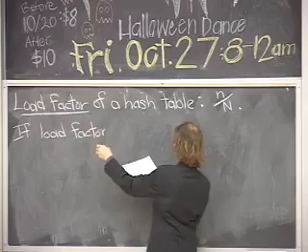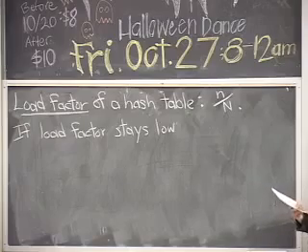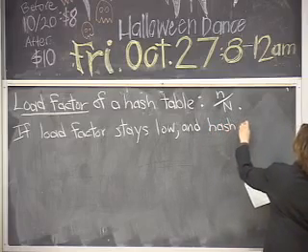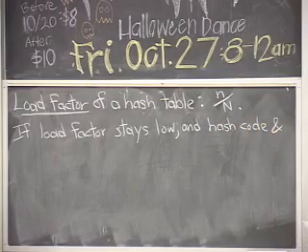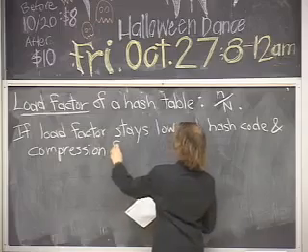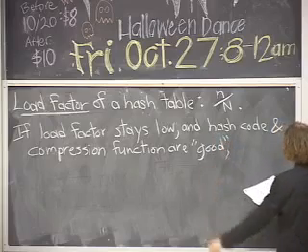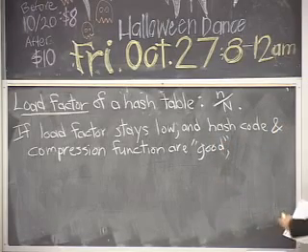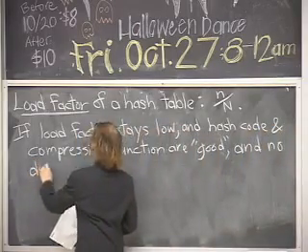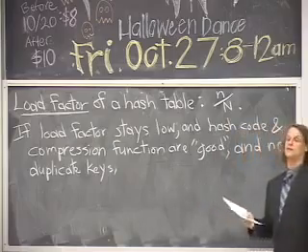Or even 1.2 wouldn't be bad, but if the load factor stays low, meaning close to a small constant, and if the hash code and the compression function are good, and we'll talk more later about what it means for those to be good, and if there are no duplicate keys, because after all, duplicate keys all wind up in the same bucket, then the linked lists stay short.